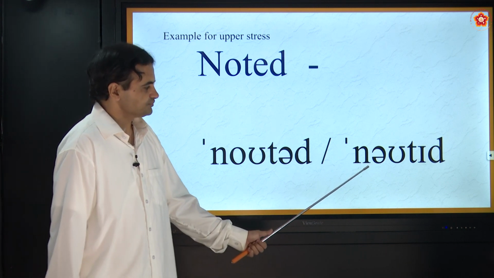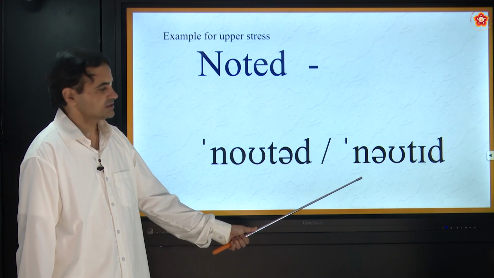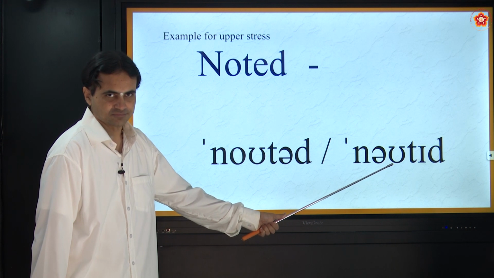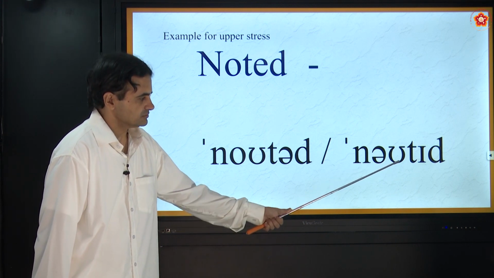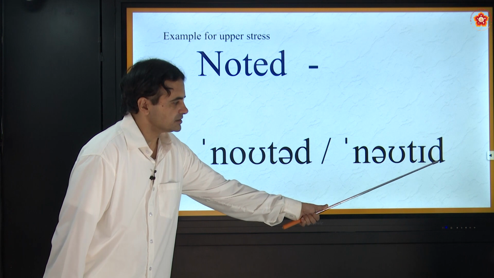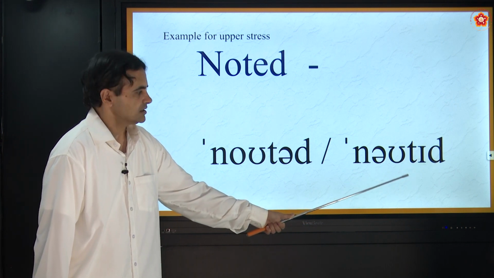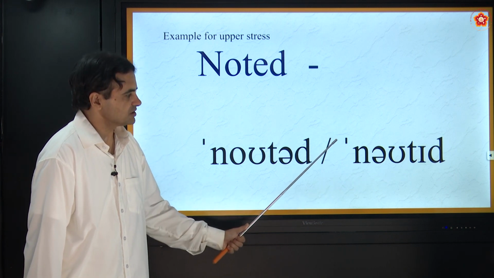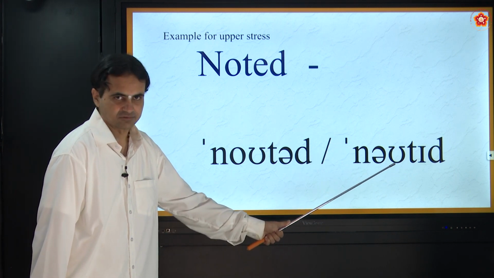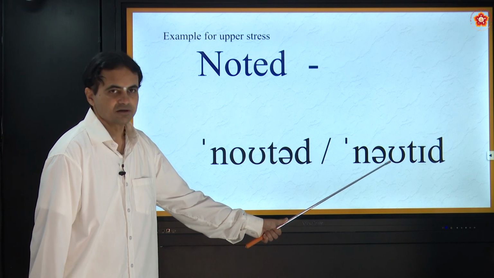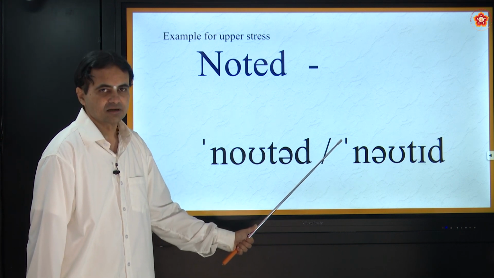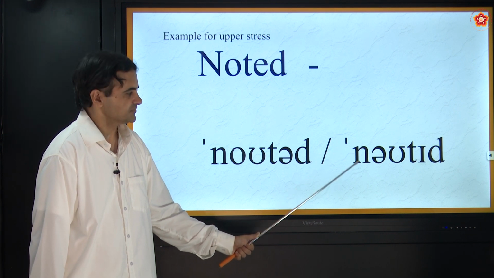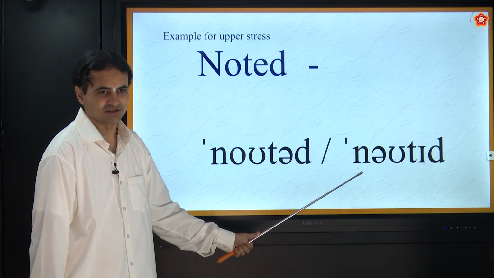Let's see British first: n, u becomes ow, now, t, I, d becomes tid. So this becomes nouted, nouted. When you stress the first syllable, now, it becomes nouted. So this is the way this word should be pronounced.